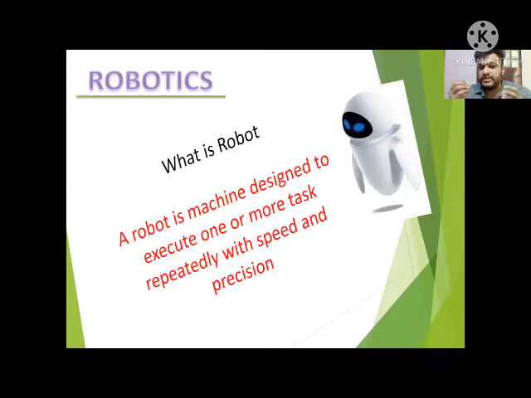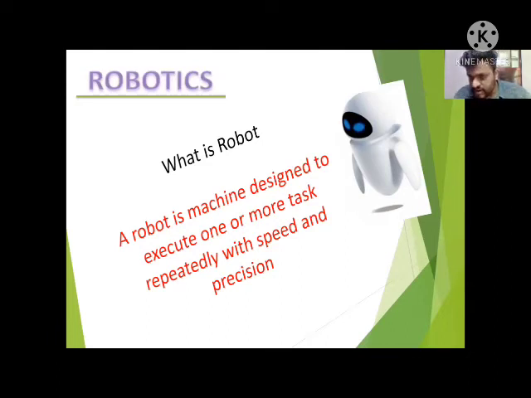That is, this robot can execute one or more tasks repeatedly, and it can do it much faster than humans and in a very precise manner. Precisely means a better way, that is, it is done properly. That means this is the definition of a robot.